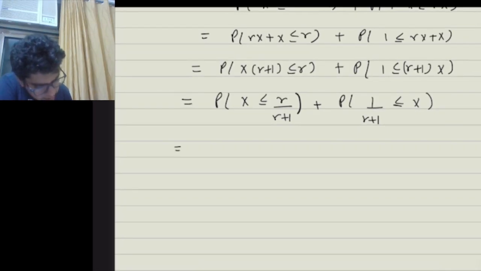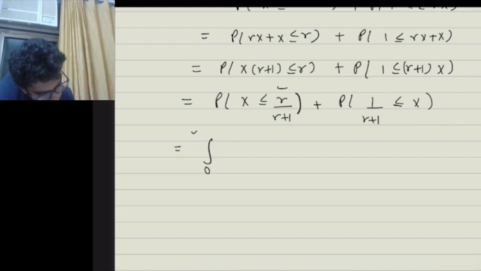Now let me calculate this. We already know about x, so I just need to integrate the function. The lower limit for x was 0, and the upper limit is given to us as r upon r plus 1.